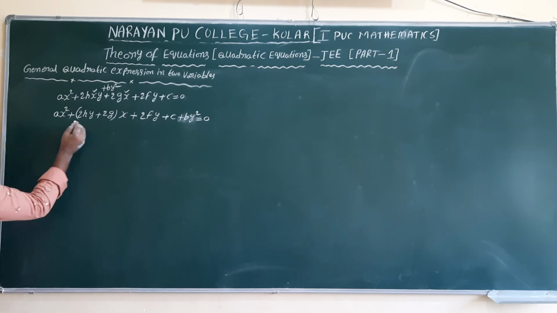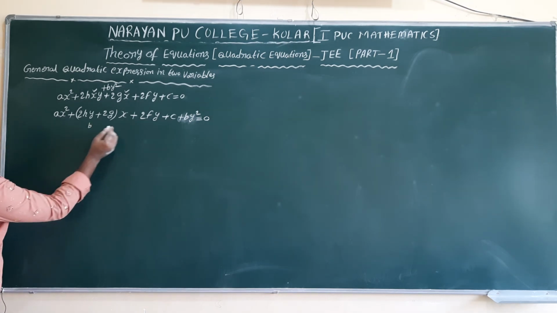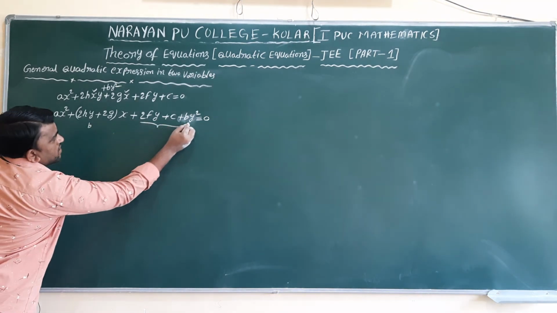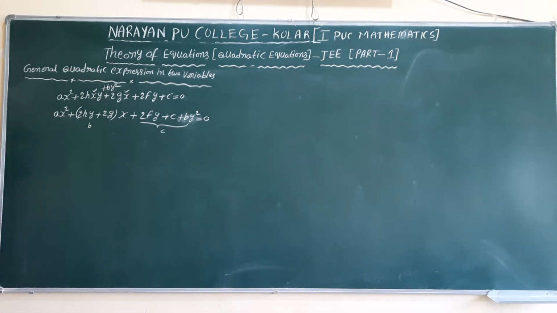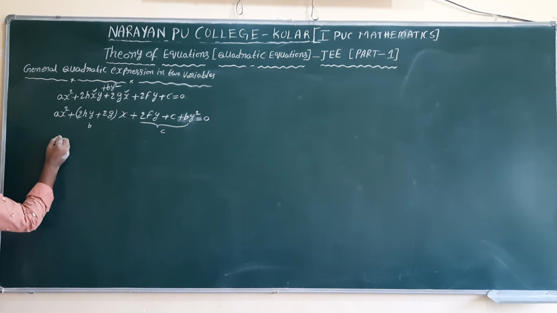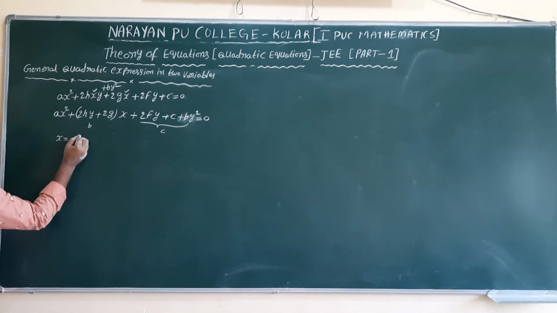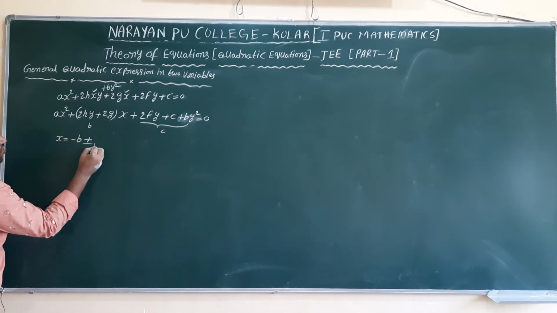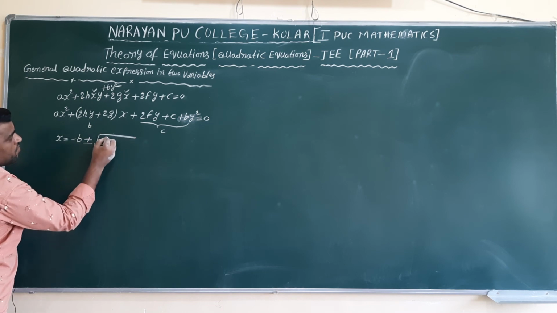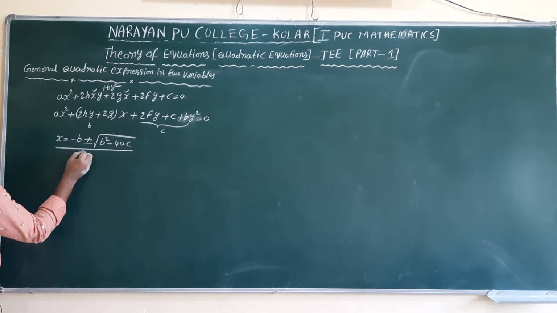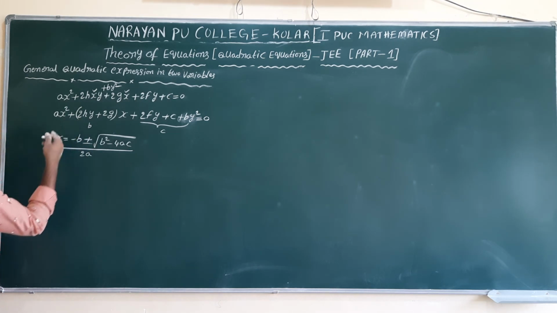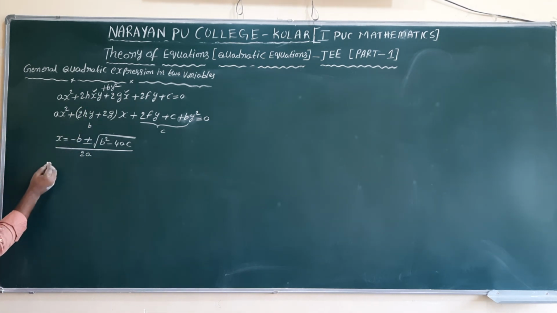So now this is b, this whole thing is c. ax square plus bx plus c form is there. We know the solution x equal to minus b plus or minus square root of b square minus 4ac by 2a. So same formula we can apply for this.